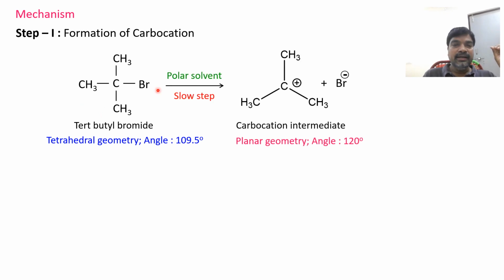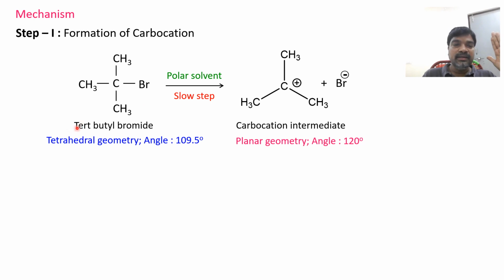Tertiary butyl bromide in the presence of polar solvents can be converted into the carbocation and Br minus. This is the carbocation intermediate, as we already mentioned, the reaction intermediate in the SN1 reaction mechanism.